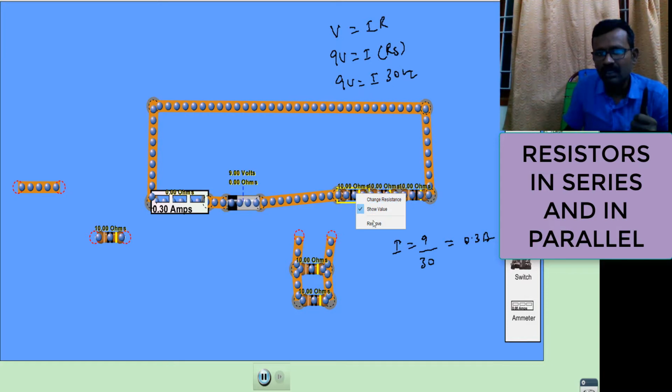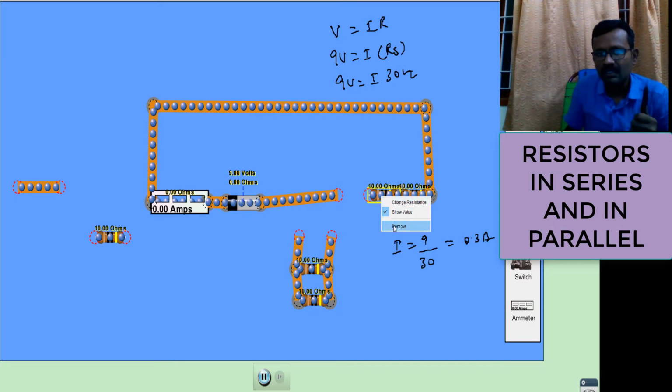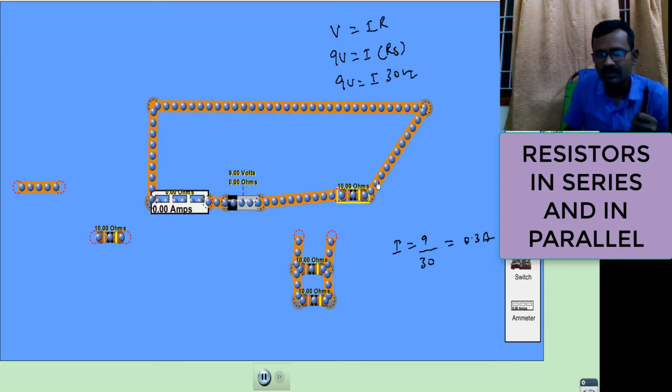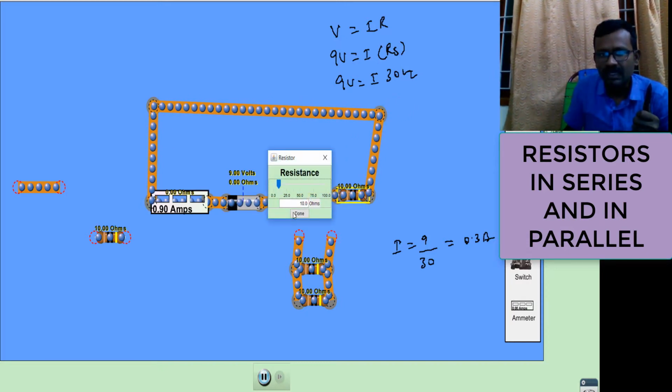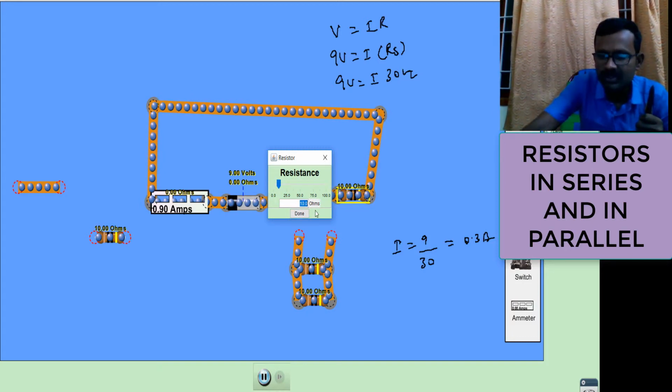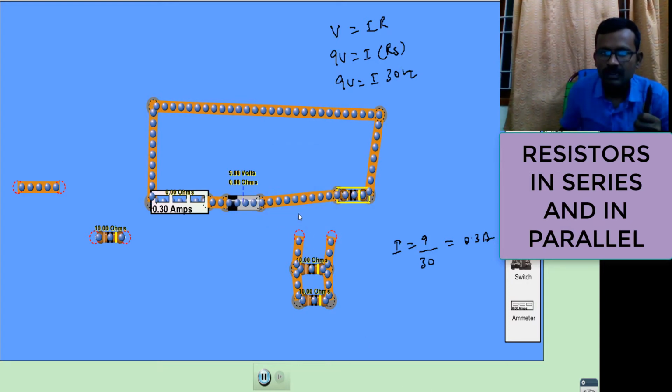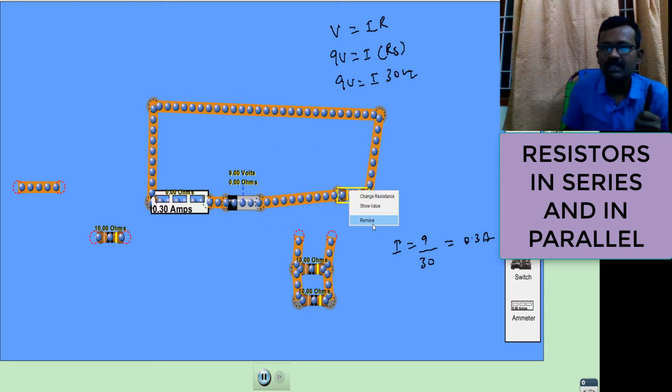I remove all these. Now I connect this one. Now let me increase the value of this one to 30 ohms. See, the value is 30.